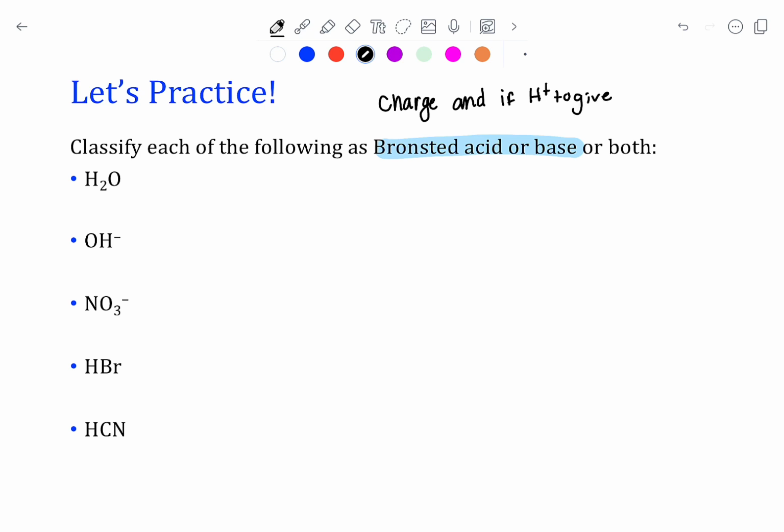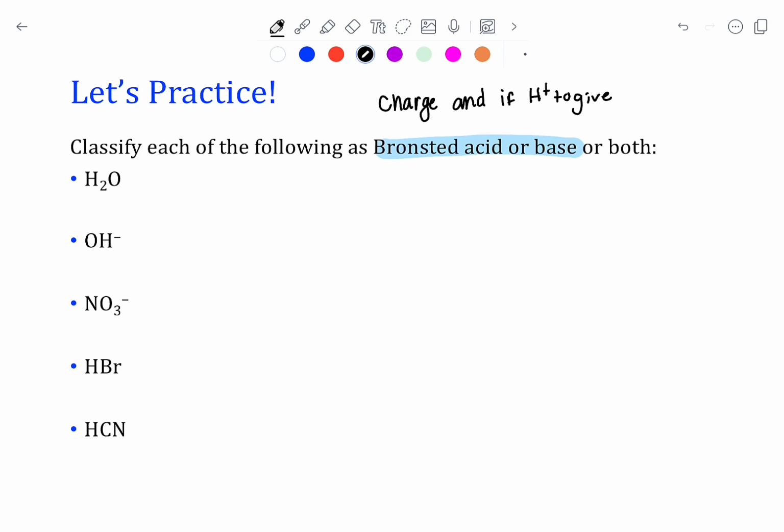If they're neutral and have a hydrogen to give, maybe they're going to act more like an acid. If they have a charge and would more likely prefer to add a hydrogen on there to make a neutral charge, then maybe they're going to act more like a base. So we have to look at the specific compound, look if it has a hydrogen to give away or if it has a charge that would accept a proton to see if it's going to act as an acid or a base. Our first example is water.